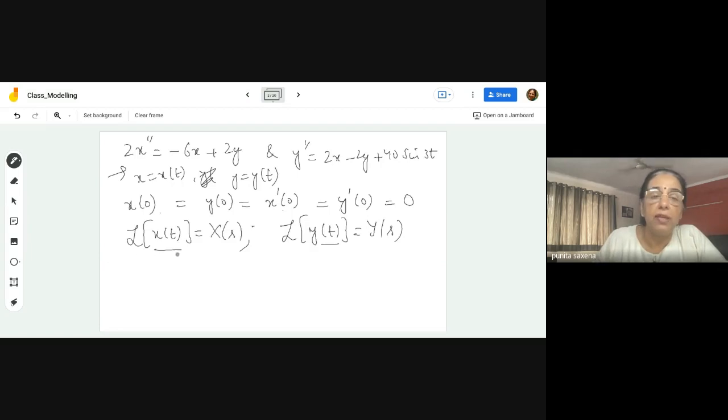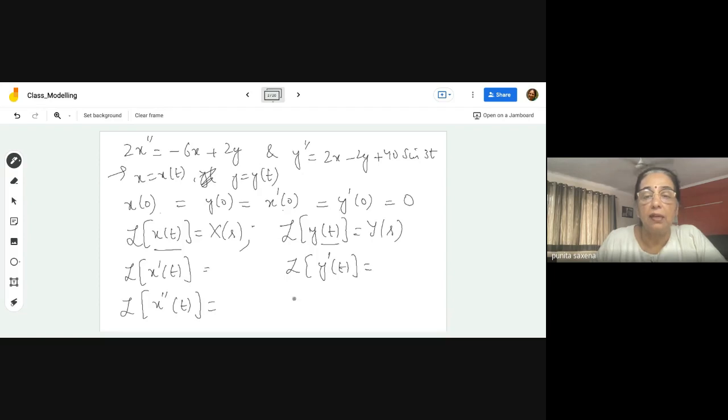The way we have learned how to find the Laplace of derivatives, we can write the Laplace of x dash t, though it's not required, and also the Laplace of x double dash t. Similarly, Laplace of y dash t and Laplace of y double dash t. We can write it, right?